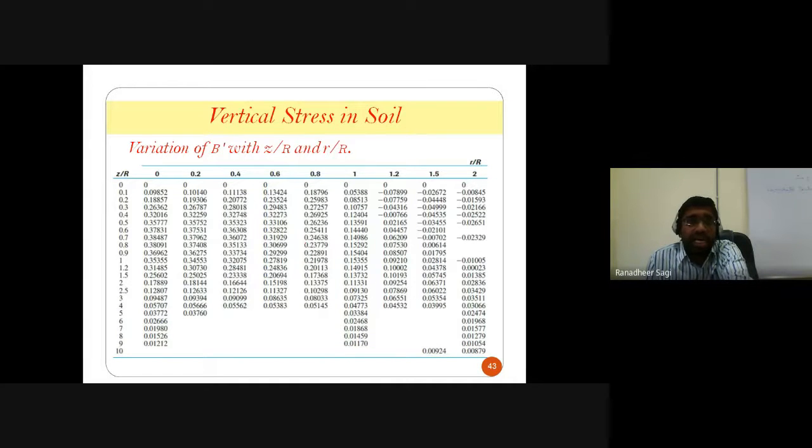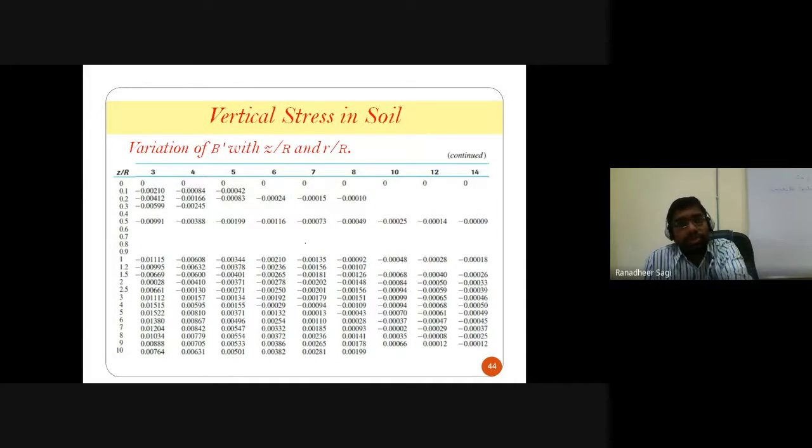So that's how we simply calculate your a dash and b dash parameters from the standard table, which you can substitute into the expression we have seen for calculating the vertical stress developed at any particular point below your ground surface due to that circular loading, a uniform pressure applied over a circular cross-sectional area.